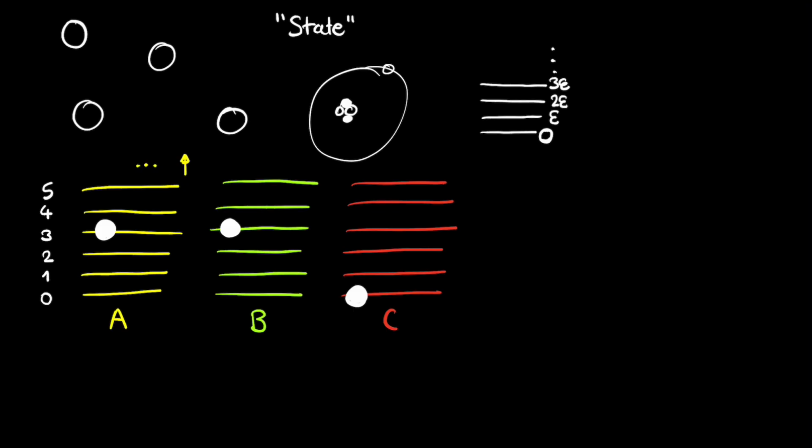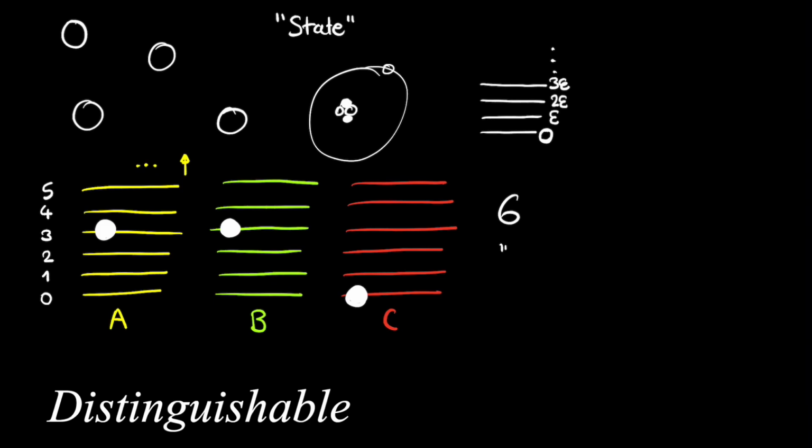And so we're going to ask ourselves the question: how many possible ways are there of distributing a certain amount of energy? Let's say we have 6 units of energy. How can we distribute these 6 units of energy throughout these 3 systems? We're going to assume that these systems are what's called distinguishable.